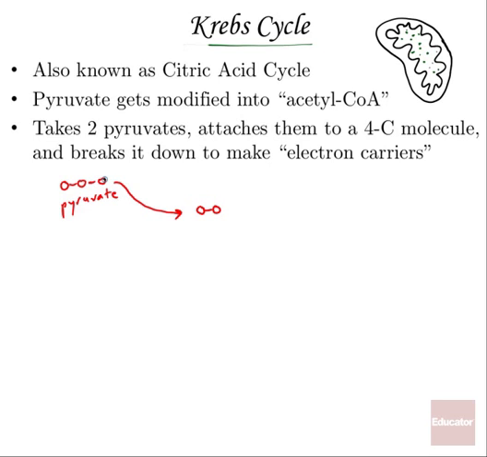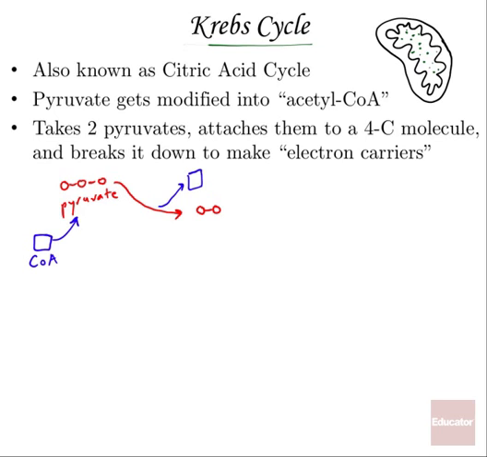So what happens is pyruvate is modified to make this little acetyl. And what happens is you get, let's use a blue box. This is coenzyme A. This helps modify and take pyruvate into the Krebs cycle. Once it's here, by the way, the little blue box leaves and goes and picks up another pyruvate.